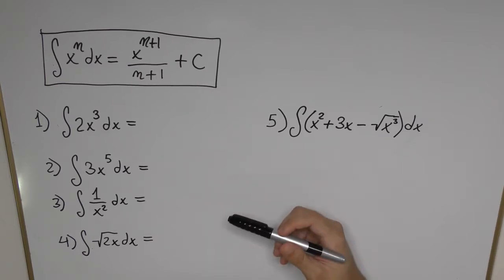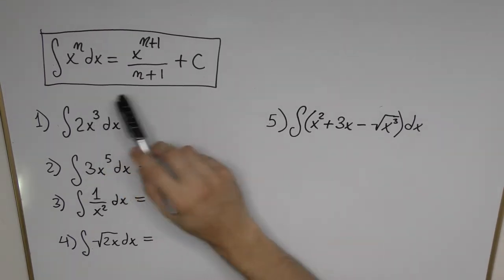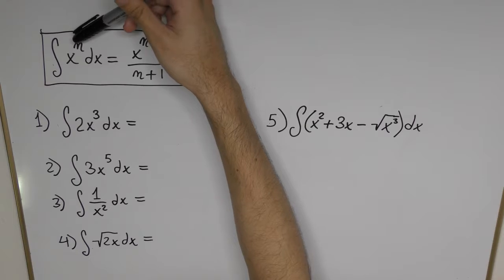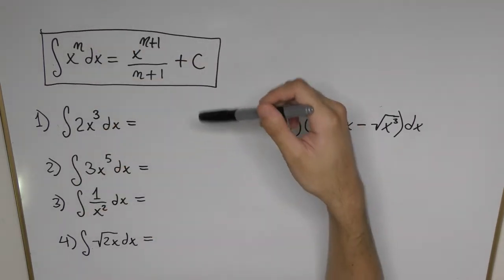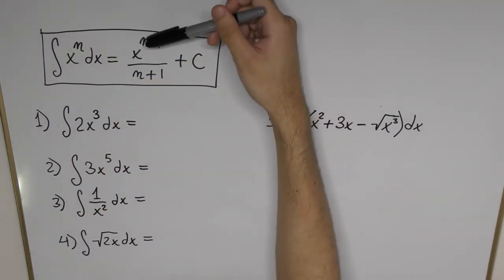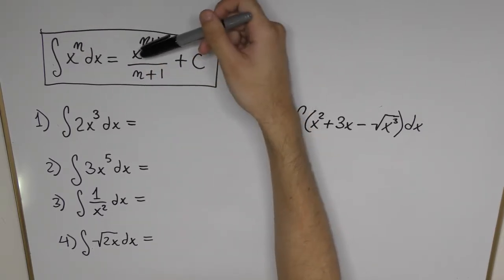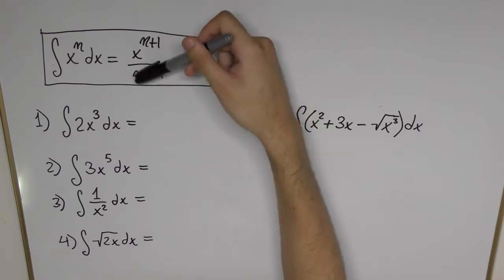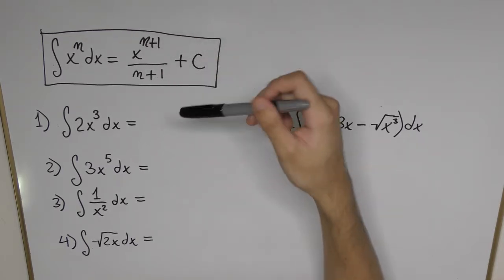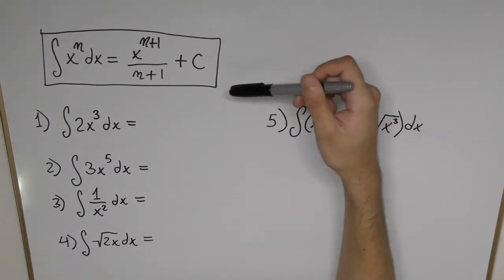And following from the previous video when we derived a general formula for the integral of any function x to the power of n, we found out that all we need to do to find the integral of that function is to add 1 to the power, and then divide that function by the new power, which is n plus 1.